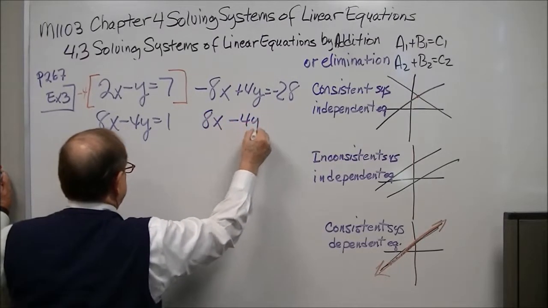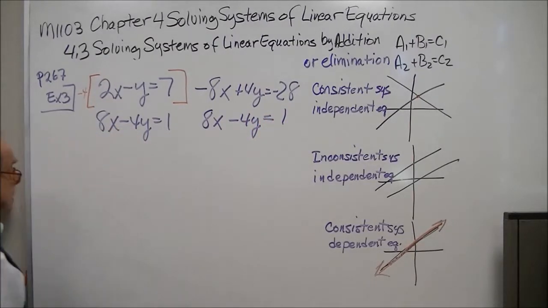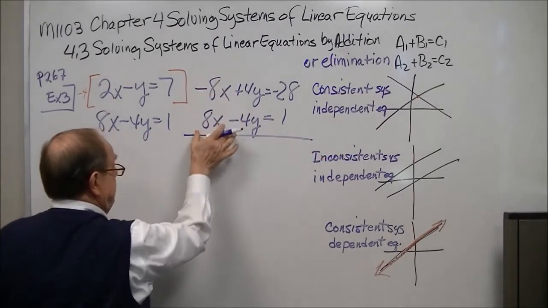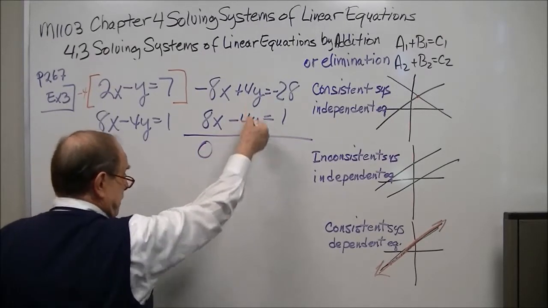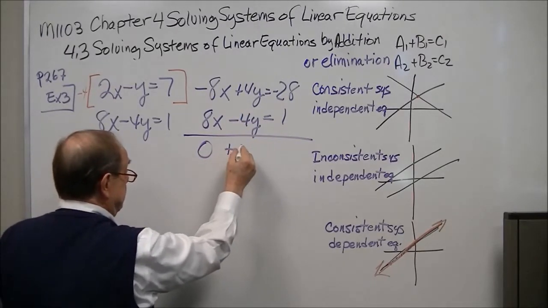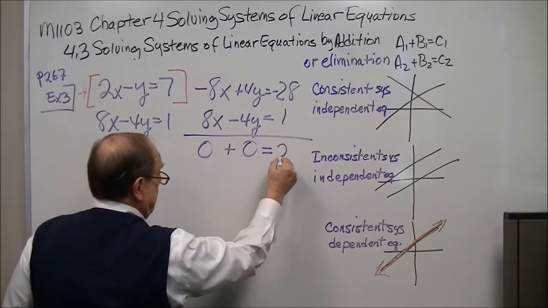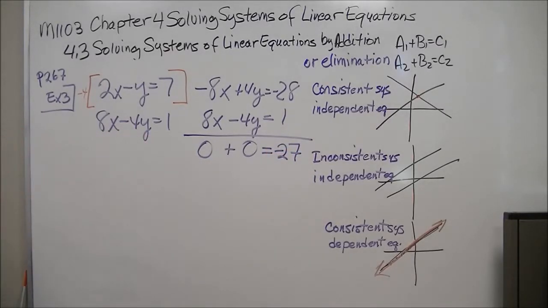Uh-oh. I'm seeing something interesting happening here. Notice when I put my line, I wanted these to cancel out, and they do. I get a 0 here. But so do these cancel out. I get a 0 there, and I end up with a -27. And you might say, wait a minute, that's not true.